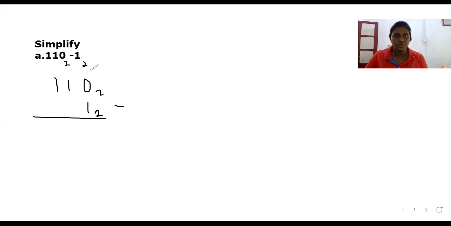So once you borrow, you remember this is 2 to the power 0, like ones, tens, hundreds. In our normal subtractions, this place is for 2 to the power 1 and this place for 2 to the power 2. So when we are subtracting from 0 we can't subtract 1, right?